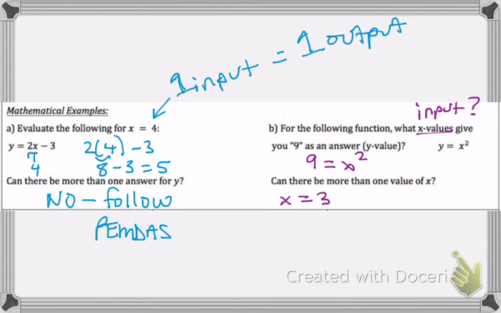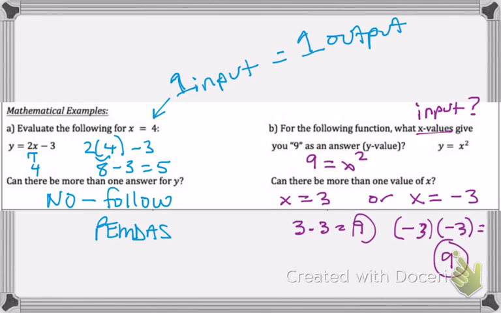Well, we can have x equals 3, because 3 times 3 equals 9. Or we can have x equals negative 3. Negative 3 times negative 3 also equals 9. So this is like the two different Coke buttons that both gave me a Coke. So negative 3, Coke button number 1, Coke button number 2, negative 3 and positive 3 both give me a value of 9.